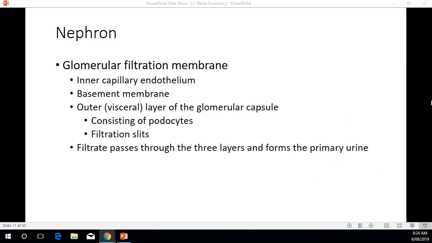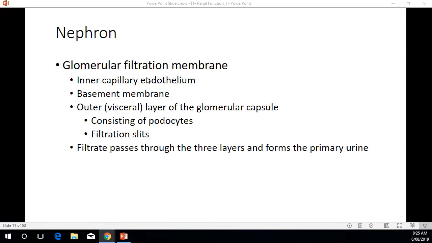Now nephron, let's look at the first part, which is the Bowman's capsule and the glomerulus inside, where the filtration takes place. The filtration membrane is composed of a few layers. First of all, the blood which is inside the capillaries, whatever has to filter out has to pass through the capillary endothelium, the cells which line the capillaries, right?